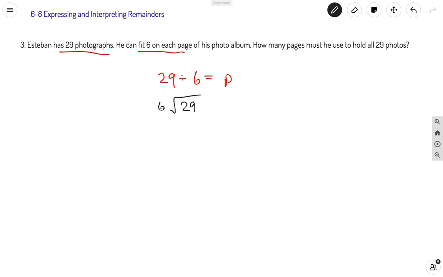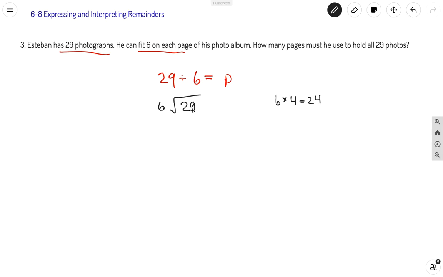Again, I need to think to myself, how many times can 6 go into 29 without going over? So if we look, I can do off to the side 6 times 4 will give me 24.